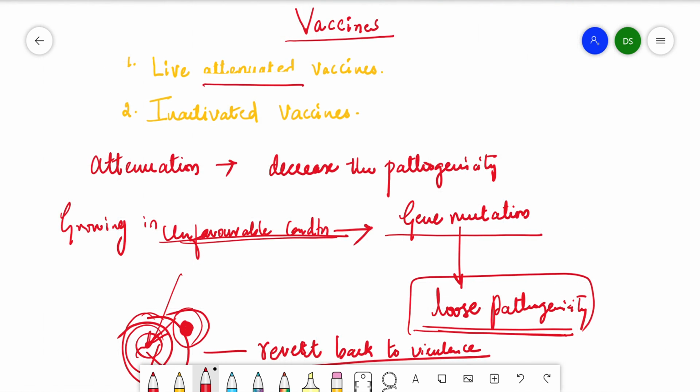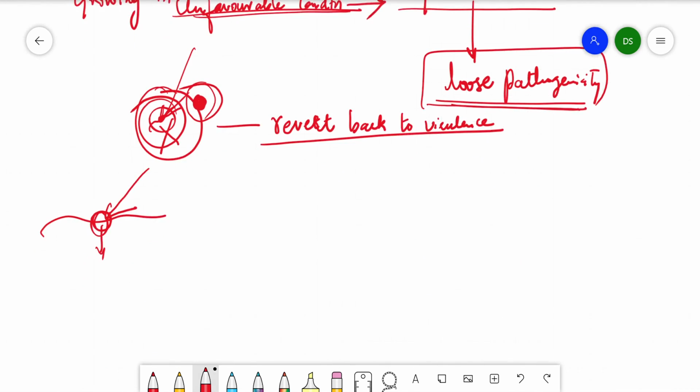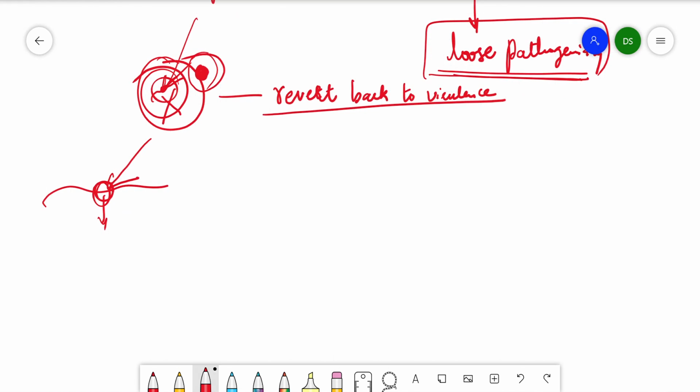There is also an example of a live attenuated vaccine. An example of a live attenuated vaccine is the Sabin polio vaccine.